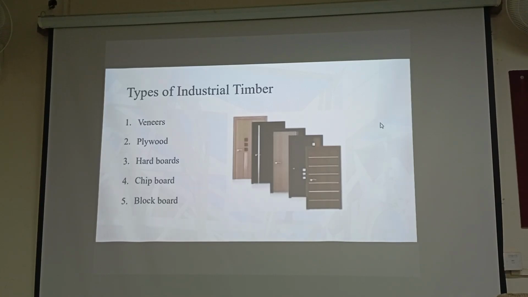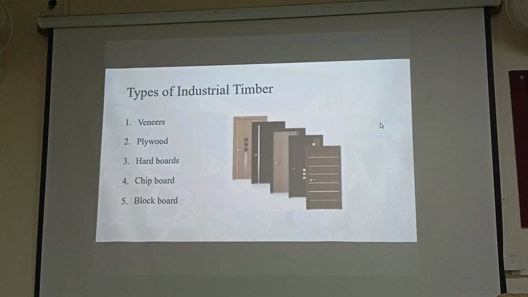When we cut the tree or use a saw machine, there will be a lot of dust, so by compacting that dust, chipboard can be created. Blockboard is made from thin layers of plywood which are stuck together, and then they are stuck together by veneers.